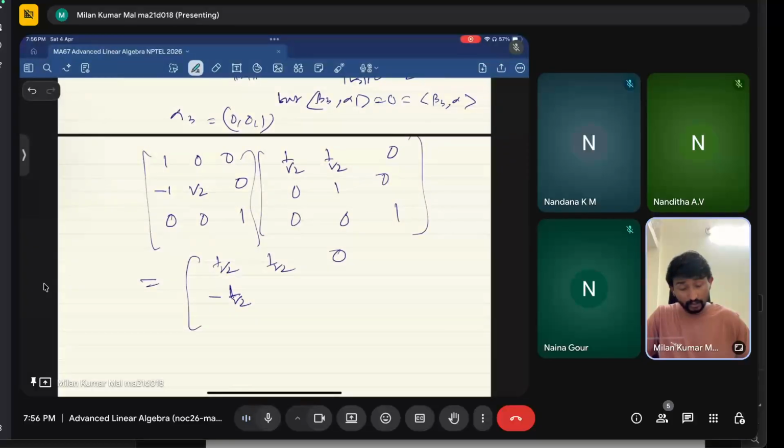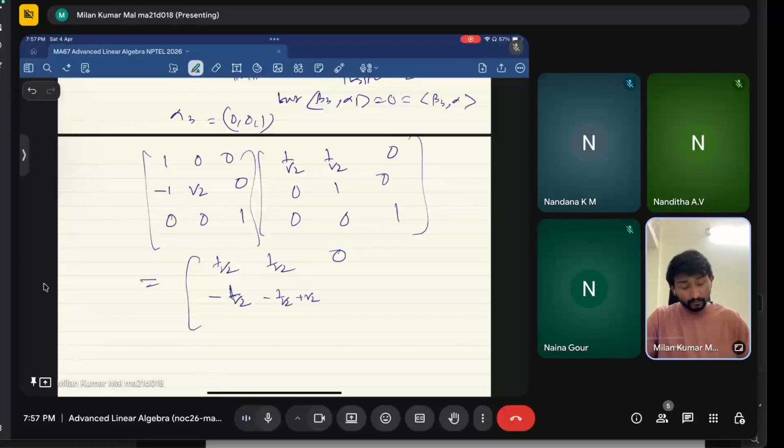This one is minus 1 by square root of 2, and this one will be 1 by square root of 2. This will be minus 1 by square root of 2 plus square root of 2.